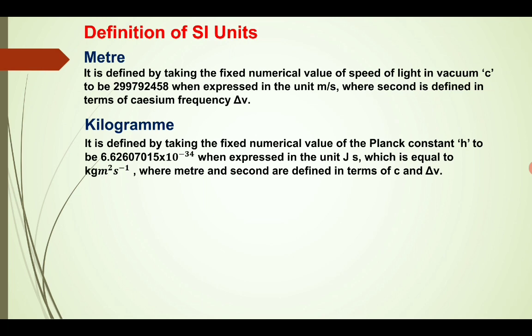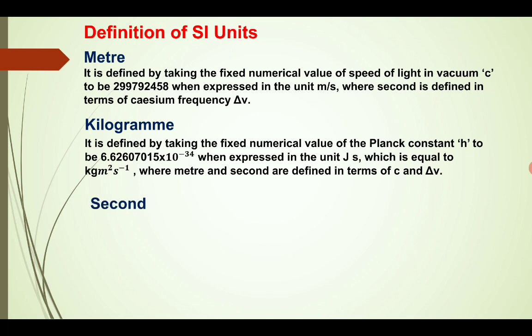Earlier the definition of kilogram was the mass of the international prototype of the kilogram, a platinum iridium alloy cylinder, which is kept at the International Bureau of Weights and Measures, near Paris in France, and it was defined in 1889.